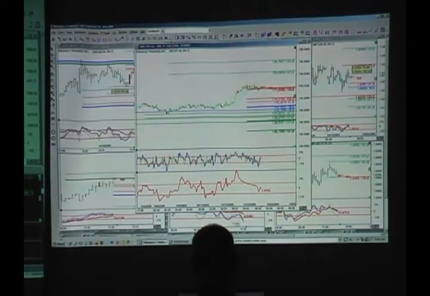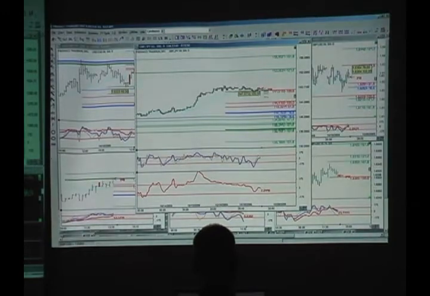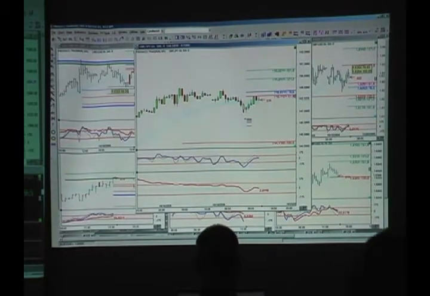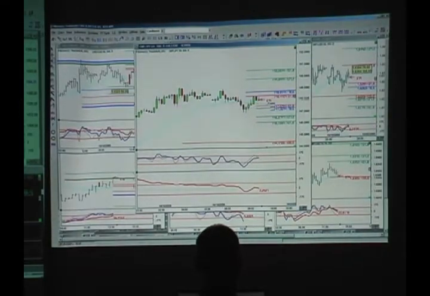It doesn't look that exciting this minute, but you could get a reject of the zero line to the upside here on the 60-minute chart. It's possible, but it's in a narrow range. That seems to be the theme of the day so far.